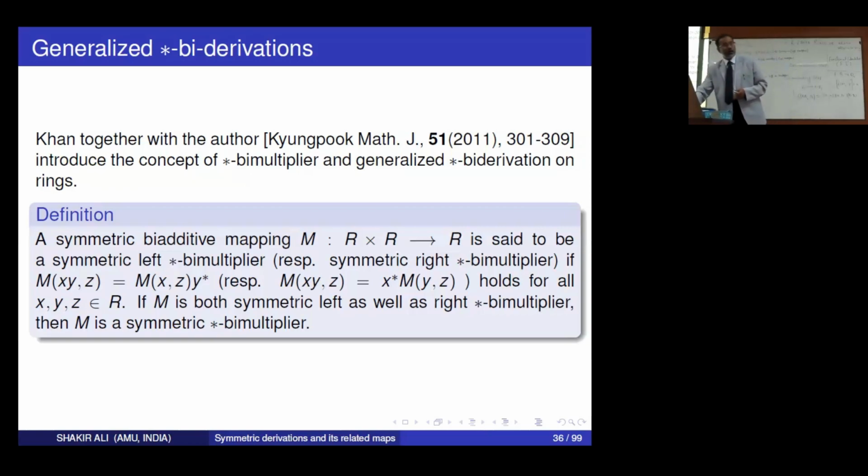Similarly, we define right bimultiplier. Anyway, this is called a multiplier, and similarly we define the right multiplier, and it has these notions.